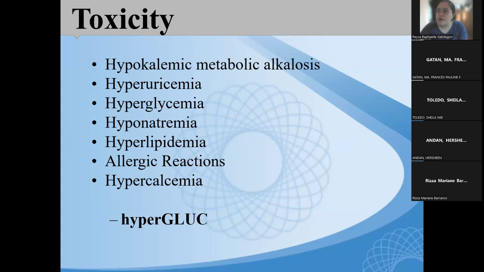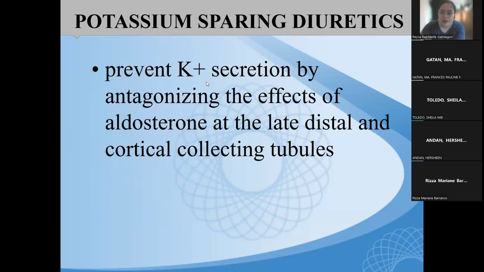Again, when we excrete sodium in urine using thiazide diuretics, potassium also is excreted, leading to this condition. Due to the hypokalemia, the patient may experience metabolic alkalosis. The pH of the blood increases. Okay? Again, it is called hypokalemic metabolic alkalosis.